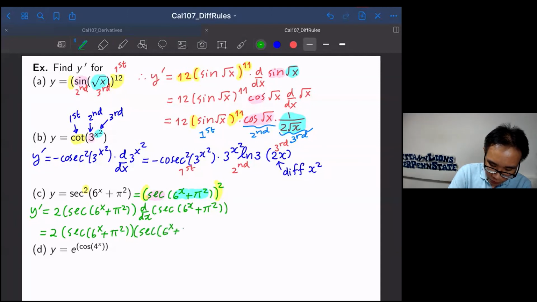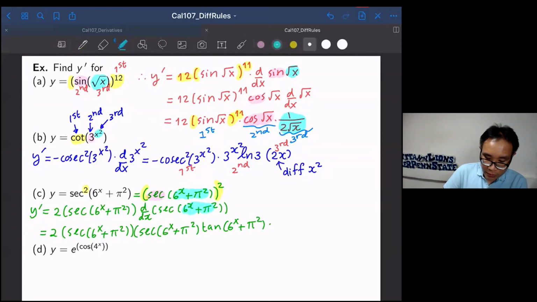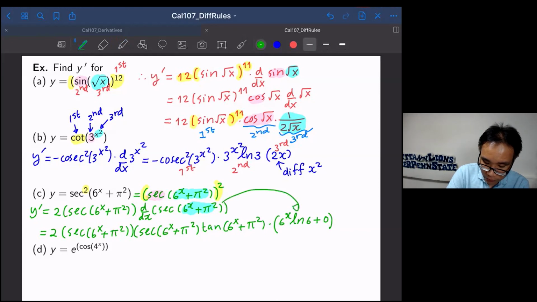Okay, don't forget to copy everything. Don't just say sec tan. Okay, it's going to be sec of the whole parenthesis, tan of the whole parenthesis. Okay, and you multiply by the derivative of the inside. Okay, derivative of the inside turned out to be 6 to the x log 6 plus 0. Okay, so this one is the derivative of the inside, so differentiate 6 to the x plus pi. Okay, so this is what we have.